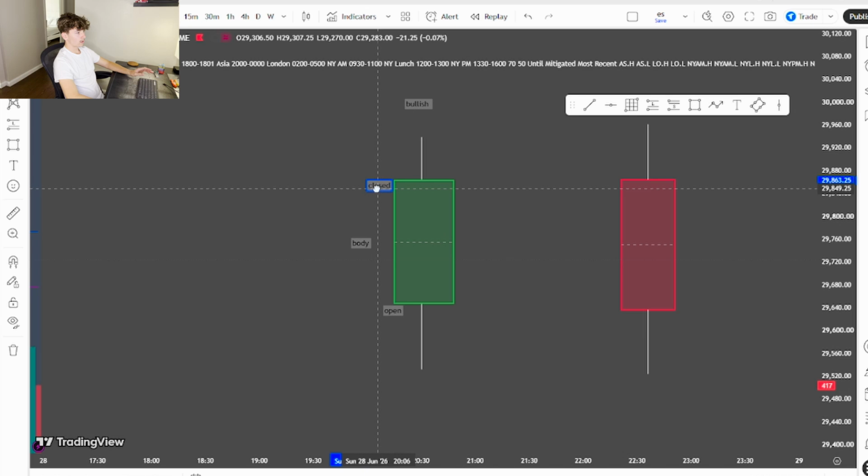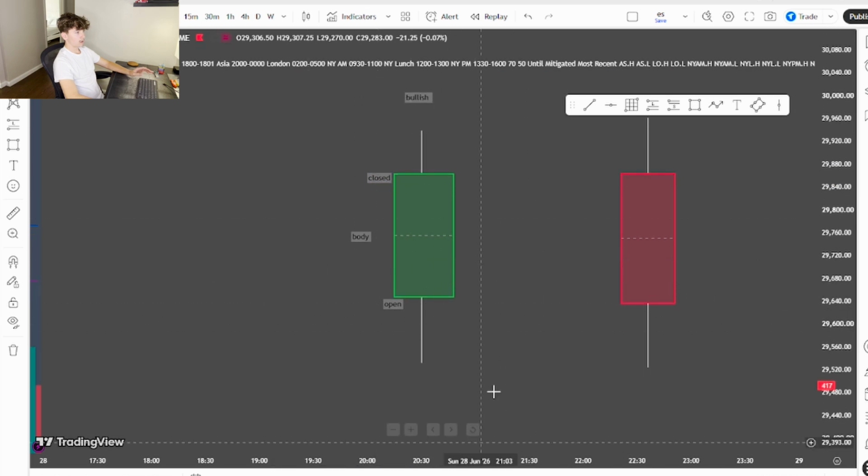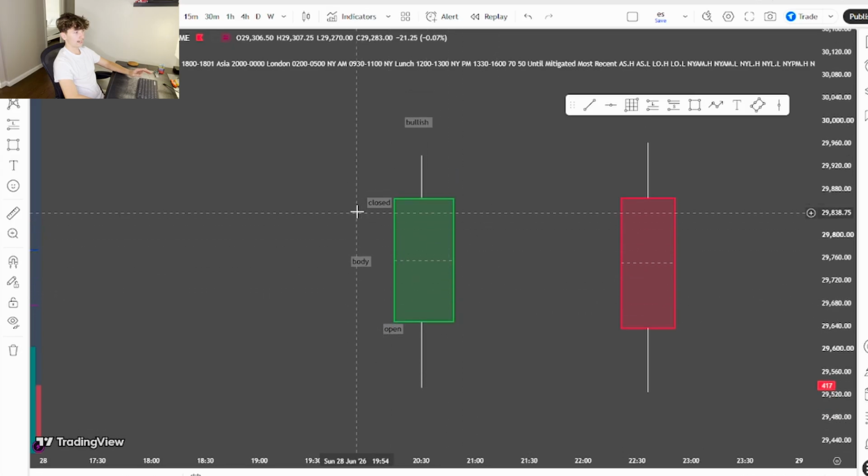So we know so far a bullish candle has this as the body. On a bullish candlestick, price opens right here at the bottom of the body and it closes right there at the top of the body.